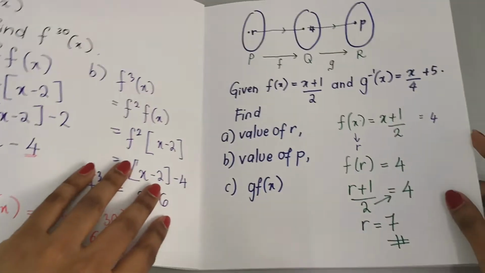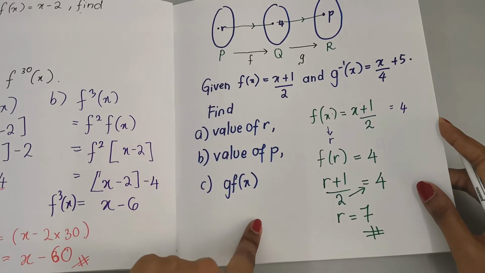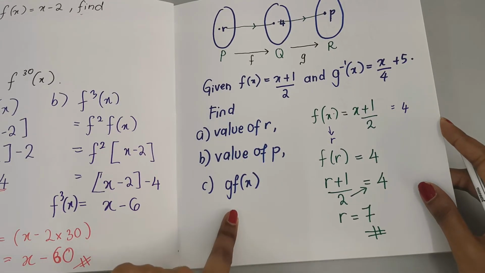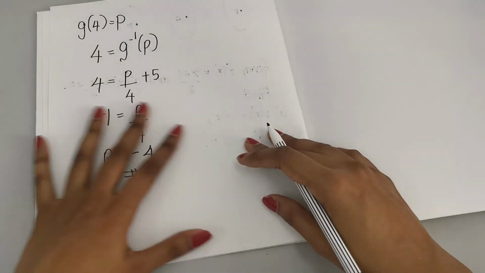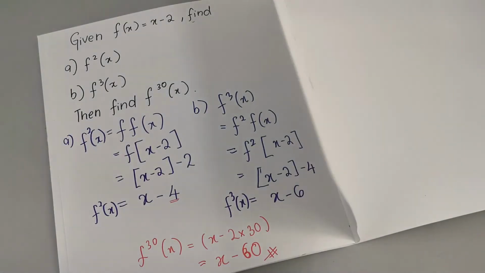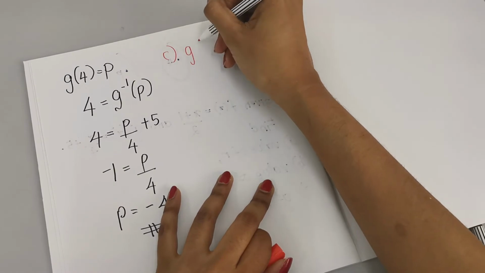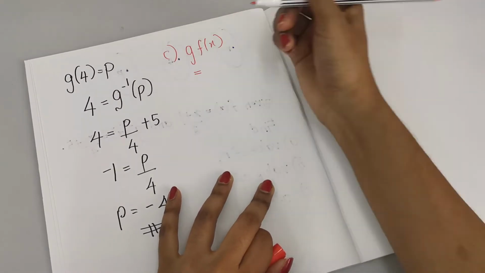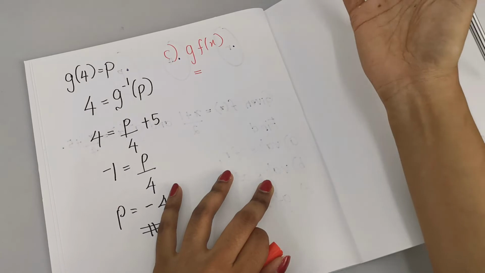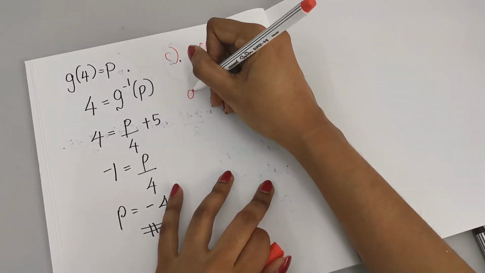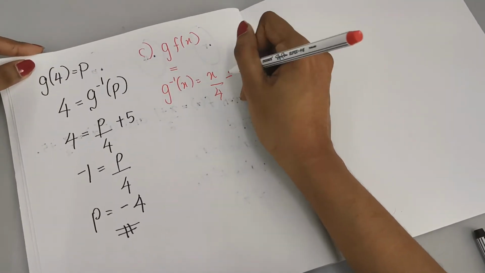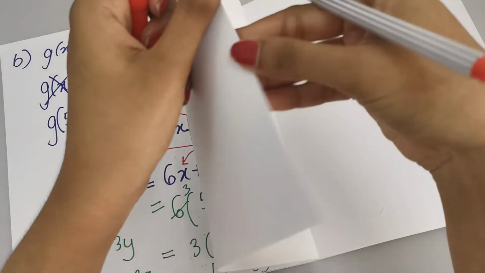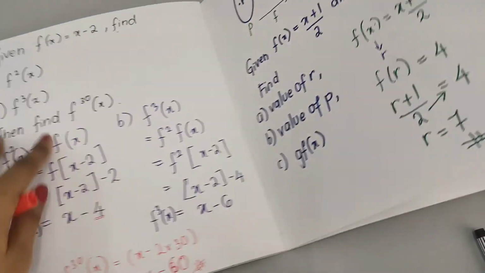And the last one, find the composite g f(x). Now we need to find g, definitely, because we are given the inverse. So for part C, we need to find g f(x). First we're going to find function g. We are given this function, which is x over 4 plus 5. That is the inverse of g(x).